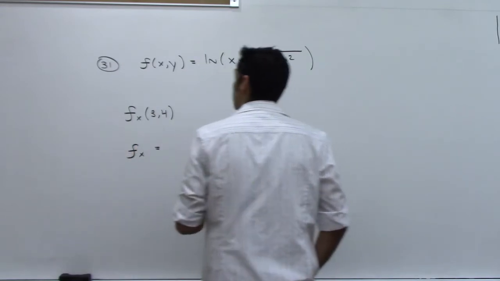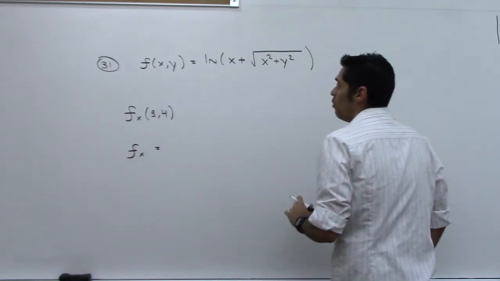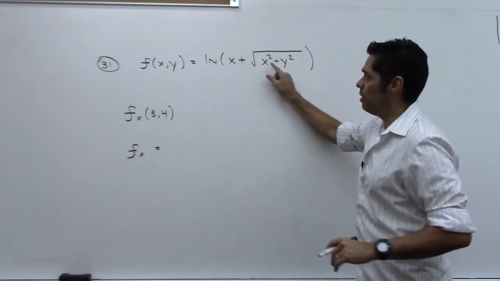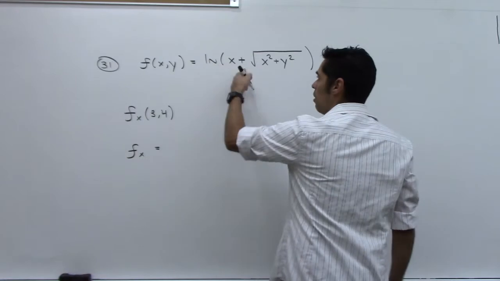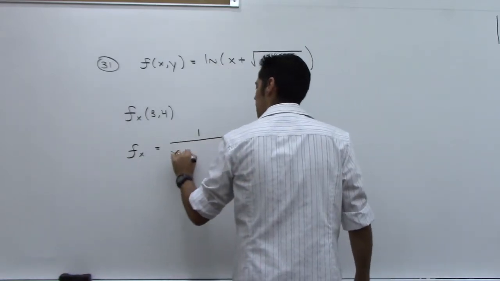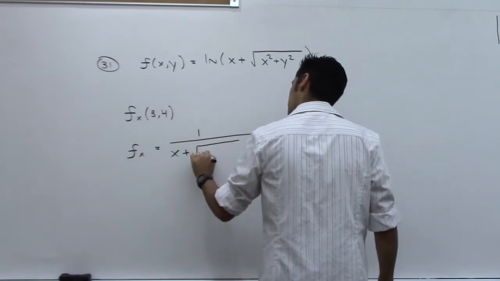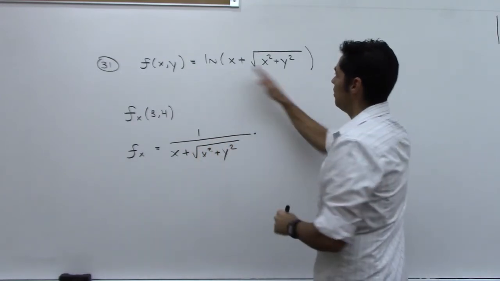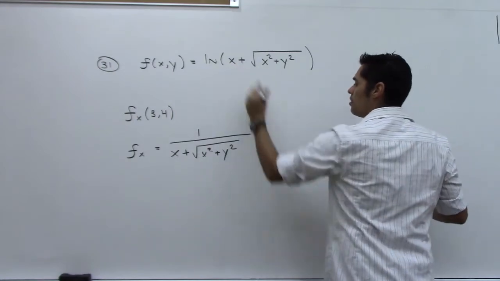We're treating y like a constant, so those x's are variables. First of all, what's the derivative of natural log of something? It's 1 over the something, times the derivative of what's inside. Now we have two terms, so I'm going to do each one.